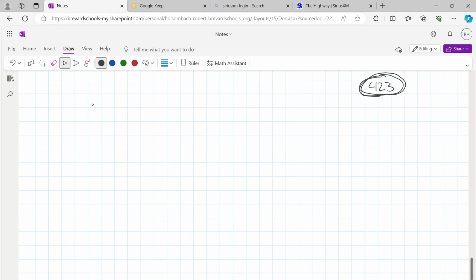So our ratio is going to start off as netted, and we're talking about butterflies that get netted, to tagged. Netted to tagged. So the given data is that the students netted 48 butterflies.